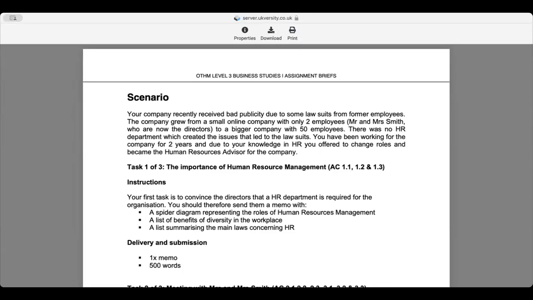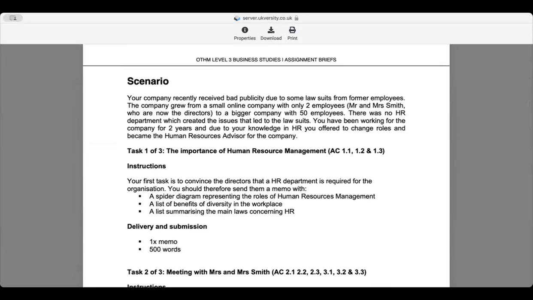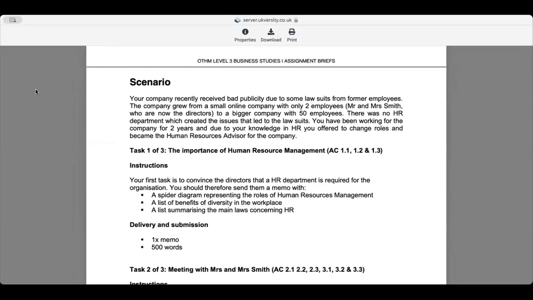So this is our first task. If you look here, your company scenario is: your company recently received bad publicity due to some lawsuits from former employees. The company grew from a small online company with only two employees. There was no HR department, which created the issue that led to the lawsuit.